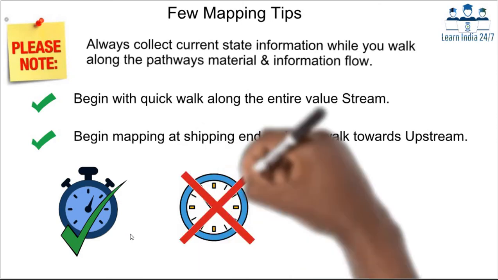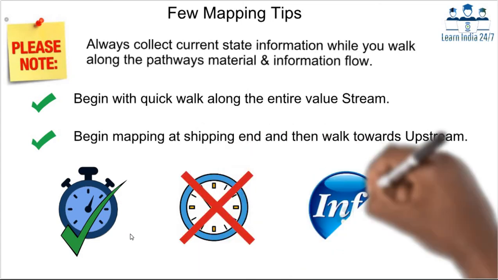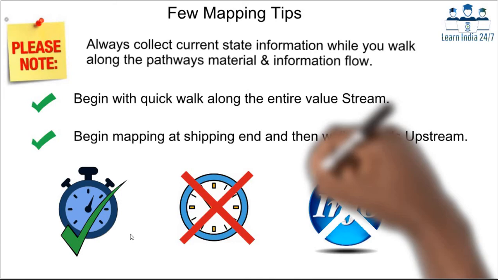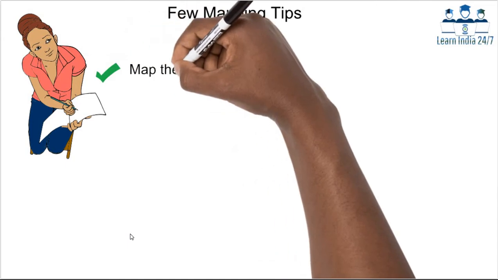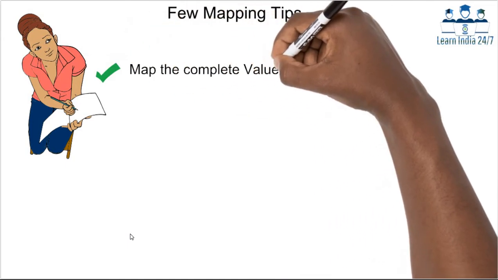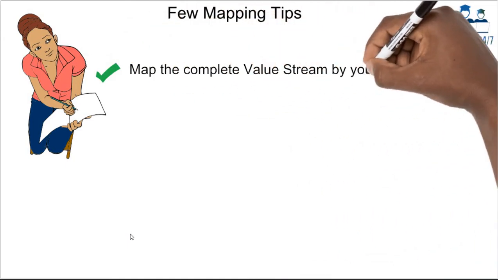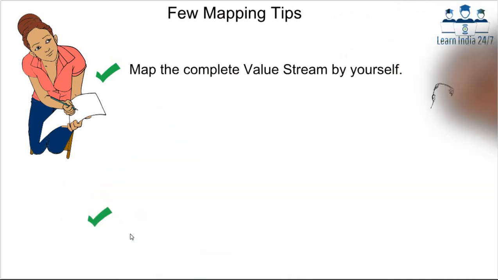Always collect cycle time data on your own rather than using old cycle time data. Map the complete value stream by yourself.